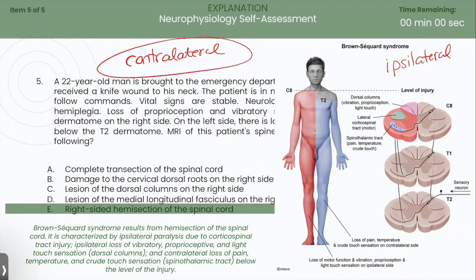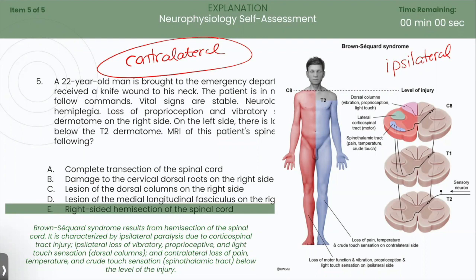Now, why is it that that one will be the only one that's going to be contralateral? So in this question specifically, they said that we have problems below the C8 dermatome on the right side, but yet everything below T2, there is left side loss of pain and temperature.